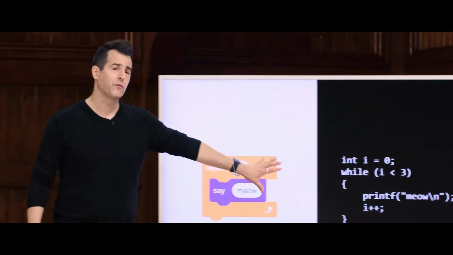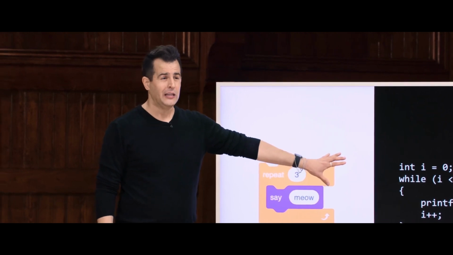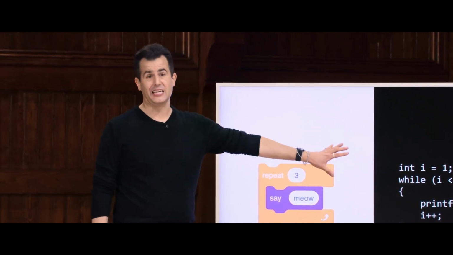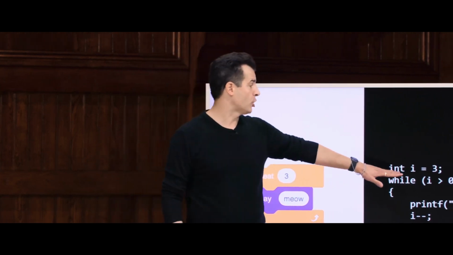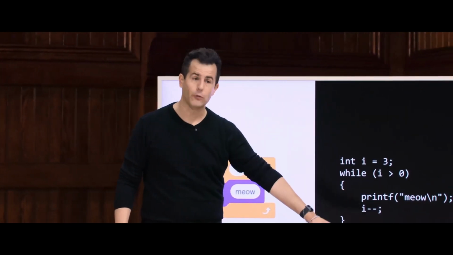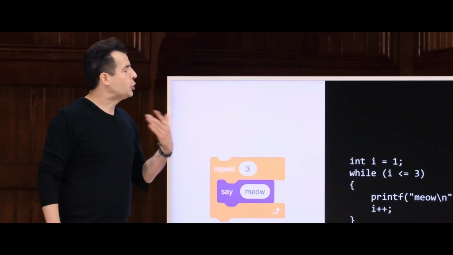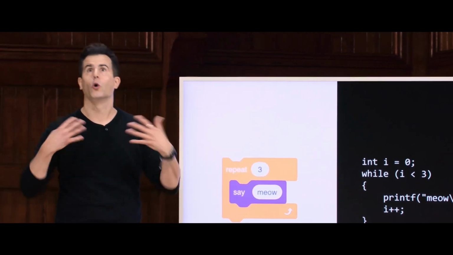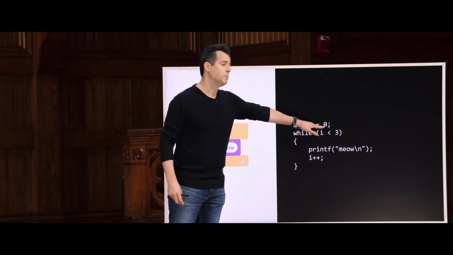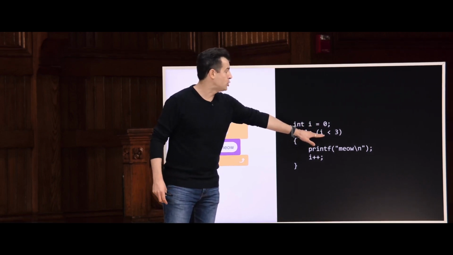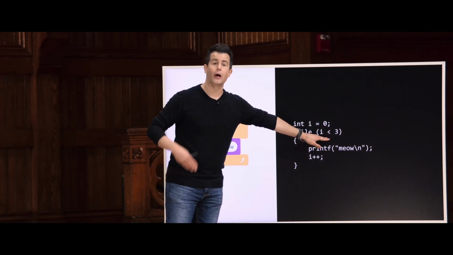And this last form is actually the most canonical. It might be the most human-like to think in terms of 1 to 3. It might be the most stress ball-like to think in terms of 3 to 0, counting down. But typically, the go-to syntax for most programmers, once you get comfortable counting from 0, is to always start counting from 0 and count up to less than the value you're counting up to.